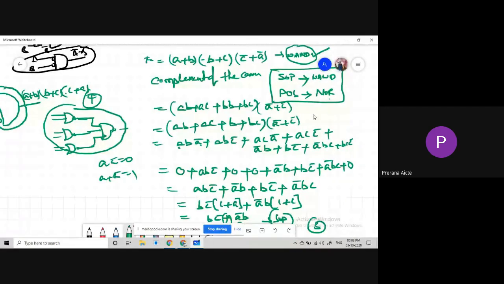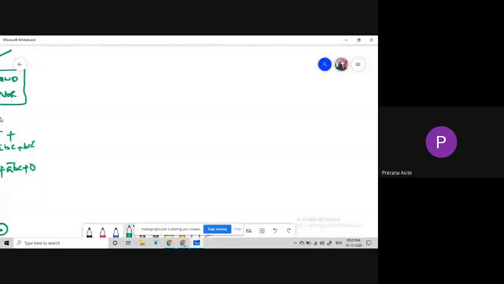Then coming to the next topic, combinational circuits. What is the meaning of combination? I'm not asking about the definition. Simply combine.